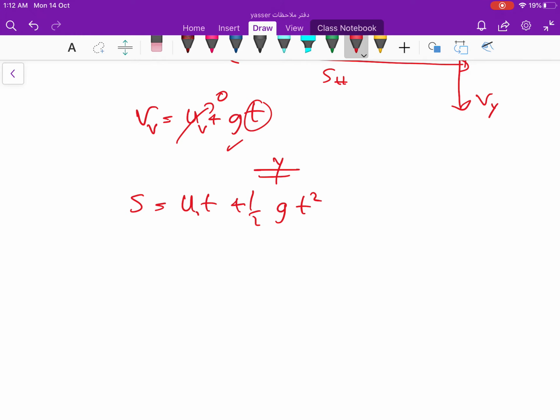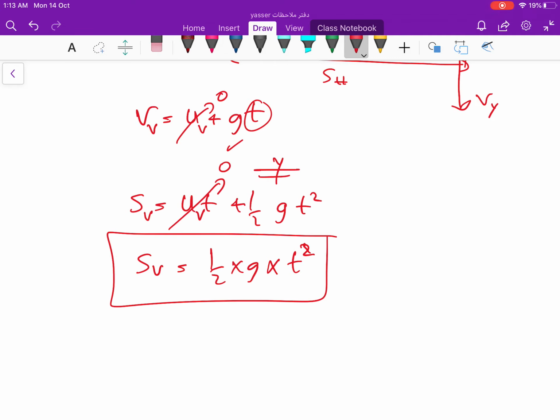Since the initial vertical velocity uy is 0, and we are going to calculate the vertical displacement SV, SV is equal to half times g times time squared. So by knowing the time, we can calculate the vertical displacement.